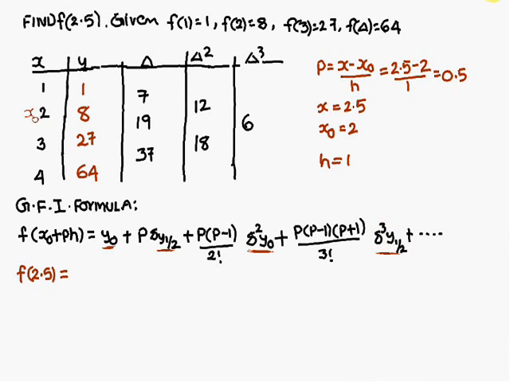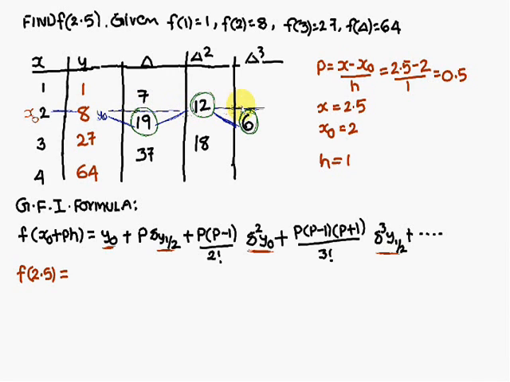So how will you get them? Let us discuss. Already we have considered 2 as x naught, so the corresponding value 8 is y naught. Next, you have to draw a horizontal line connecting x naught, y naught, and so on.